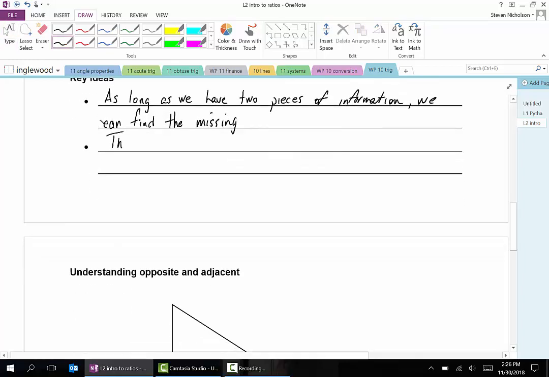And the formula that we use depends on the information given. So when we're doing trigonometry, if we can figure out what we know, then answering the question becomes really quite straightforward.